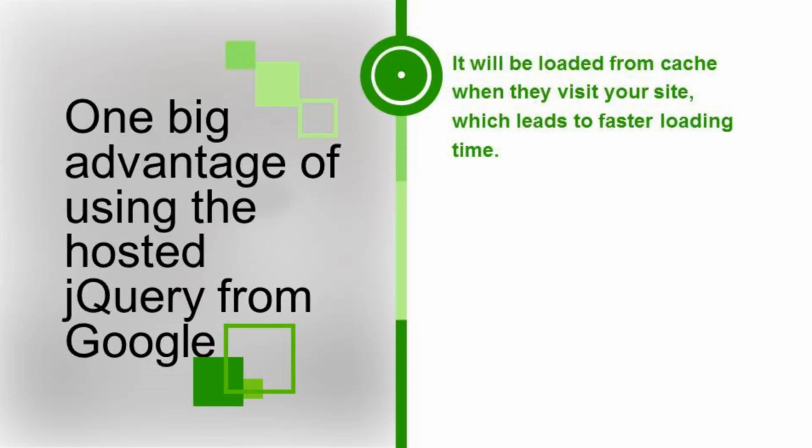Google pretty much updates all of their jQuery libraries, and you don't have to continuously hard code and rename the path inside your web page or website. So that's the big benefit of using the Google hosted jQuery library.